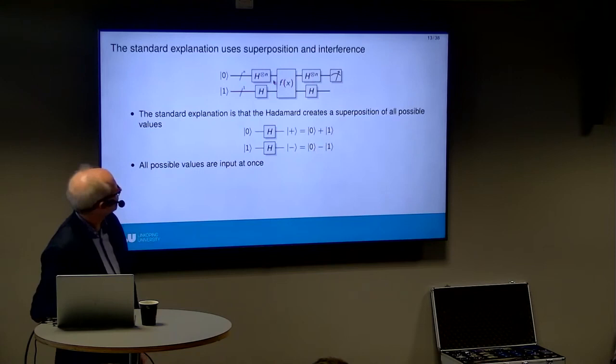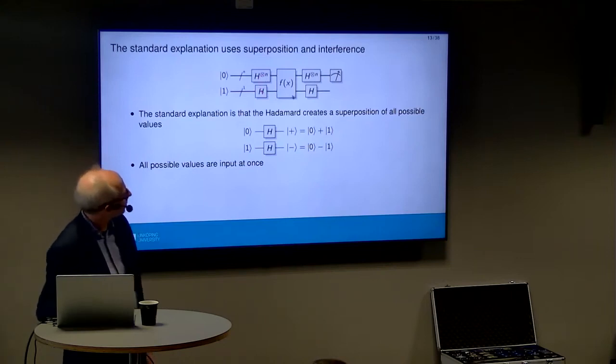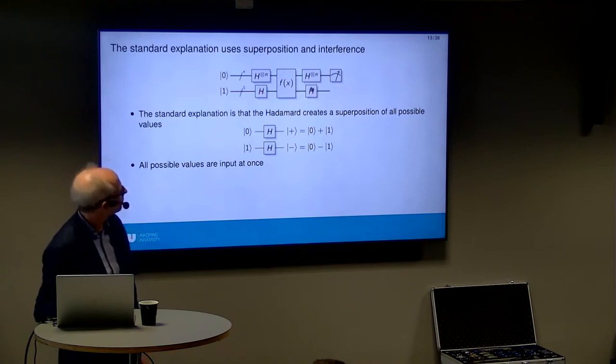I showed you this picture earlier. There are Hadamards in the beginning, creating a superposition of the input values. But there's also Hadamards at the end. What do these do? Well, the inputs, if I put a 0 through a Hadamard, I get a superposition of all the possible values.